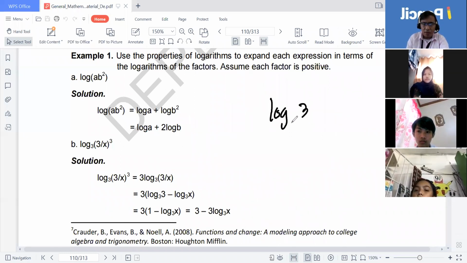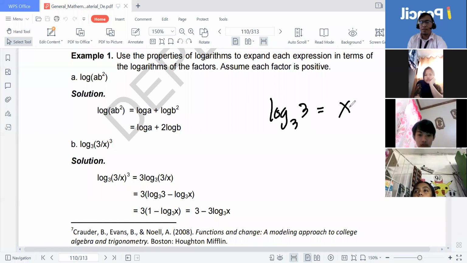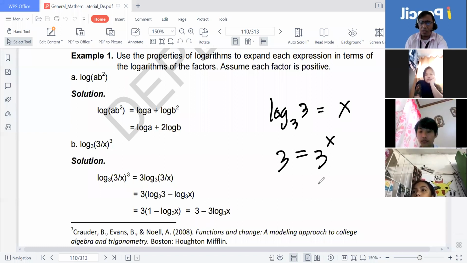So let us go back with the idea log of 3 base 3. Why is it equal to 1? If you rewrite this, if you set this to be x, because you don't know the answer yet, this 3 can be written as 3 raised to x.